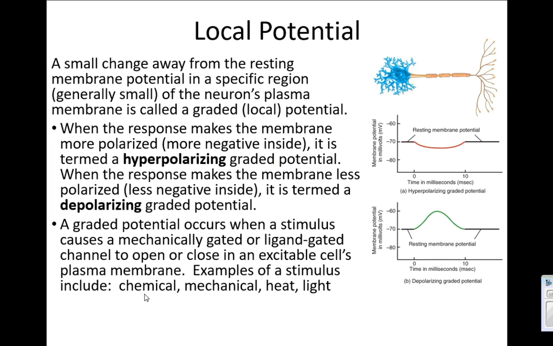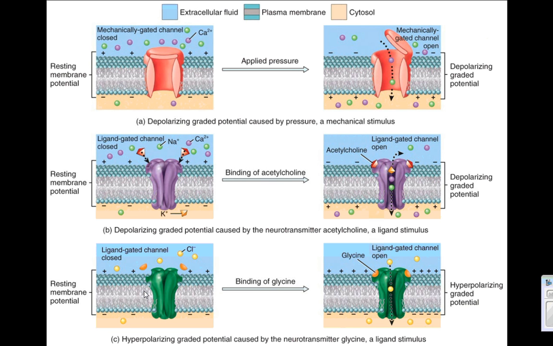Things that we taste, things that we smell will stimulate depolarization or hyperpolarization. And heat can actually be a stimulus, and light. Of those, we're going to mainly focus in on a chemical stimulus, which on the next page here we can see two examples opening up what we call ligand-gated channels.